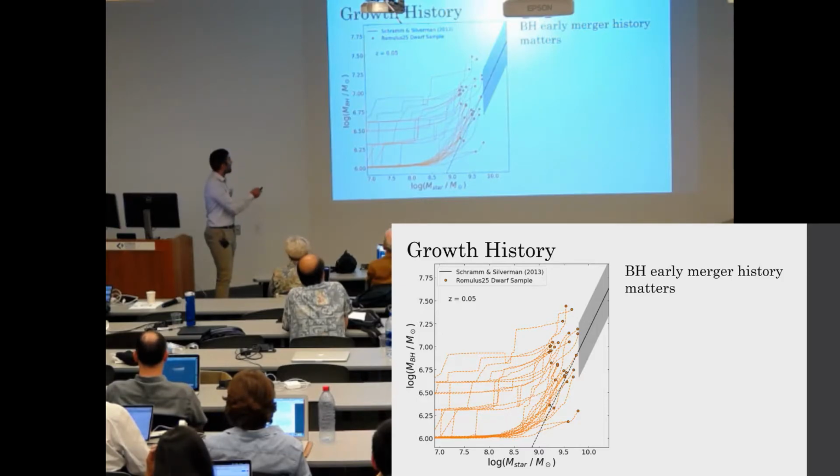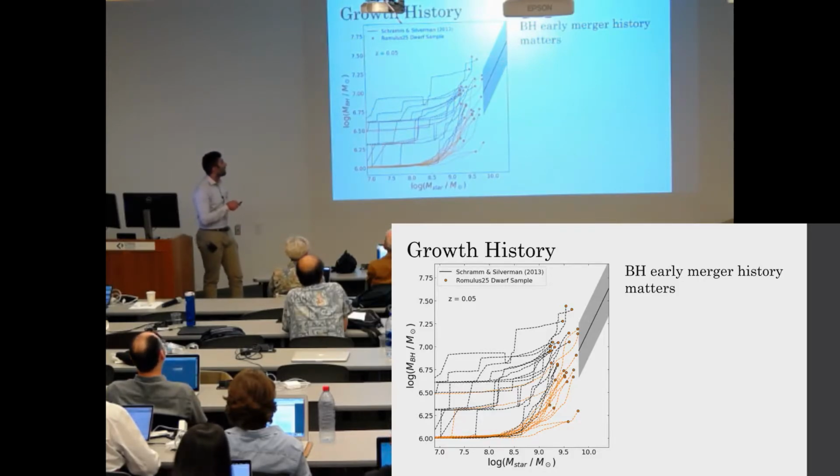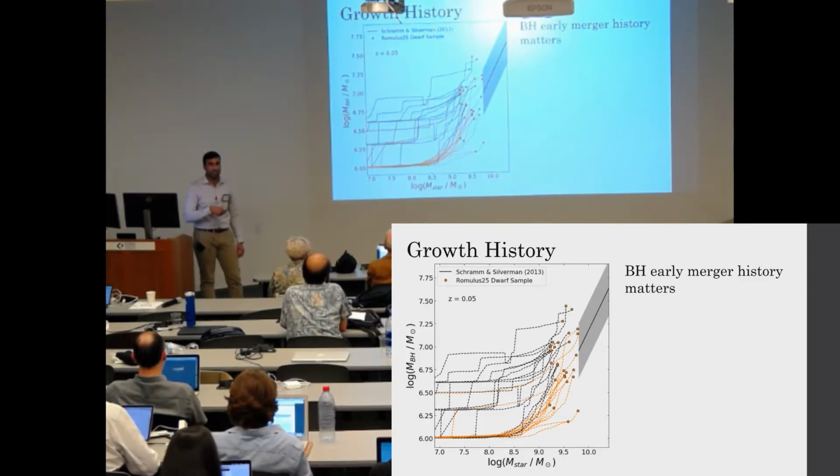I can look at the tracks for black holes that are considered overmassive. These are just black holes that fall above the extrapolated observed relation. We find that these black holes tend to undergo early mergers with other black holes at early times, and this seems to influence where they fall in regards to the observed relation.